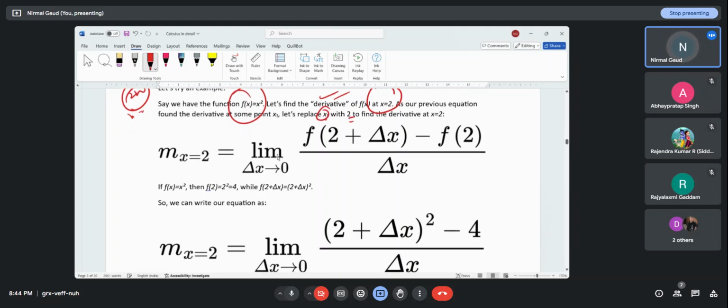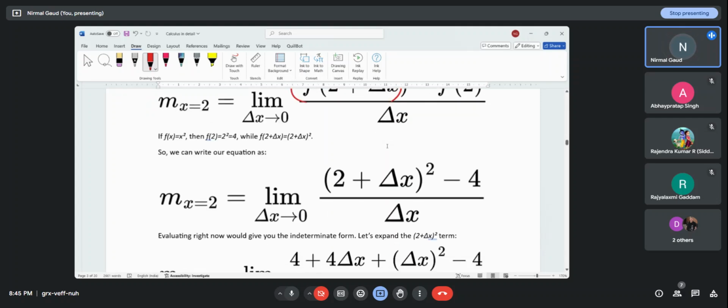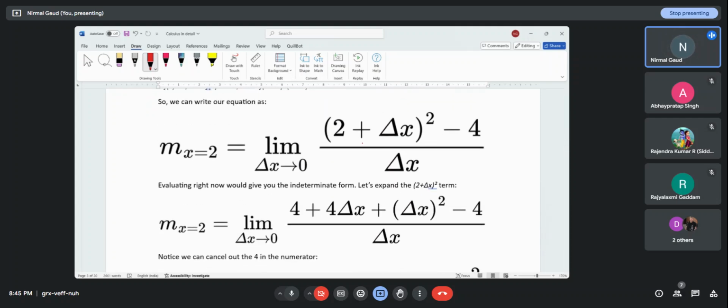Put it in the limit formula: f of x1 plus delta x minus f of x1, divided by delta x. The function is x square, so we get 2 plus delta x whole square minus 2 square, which is 4, divided by delta x, and we open the a plus b whole square.